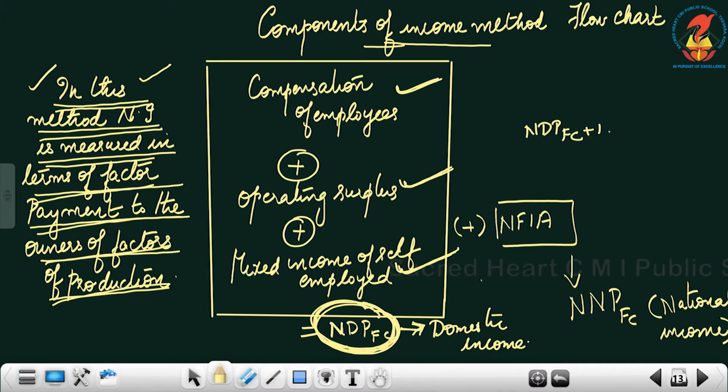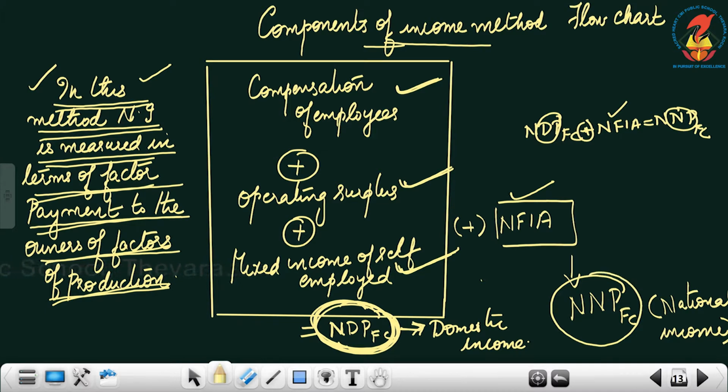NDP at factor cost plus NFIA will give you NNP at factor cost. That means to move from DP to NP, we need to add NFIA. So, NDP at factor cost plus NFIA will give you NNP at factor cost or national income.